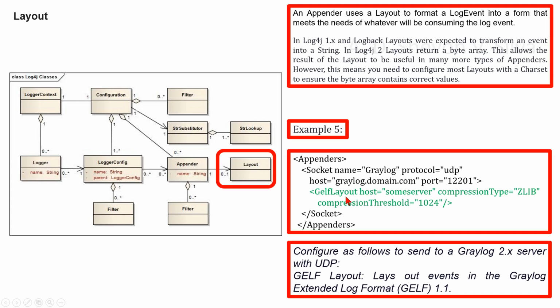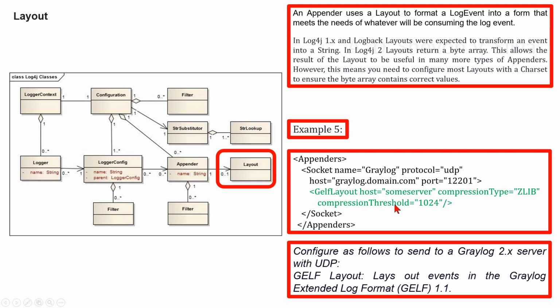Here the parameter name host, string, and the value of the host property, optional, defaults to the local hostname. And compression type can be gzip, zlib, or off. Compression to use, optional, defaults to gzip.